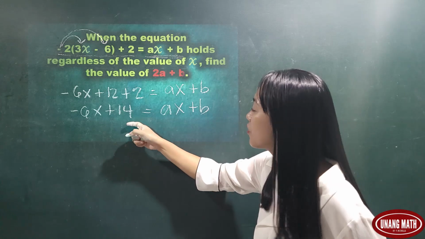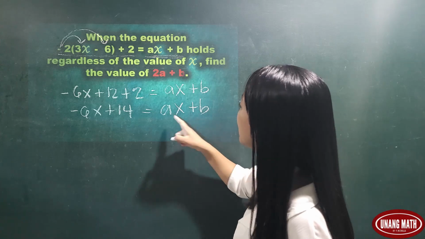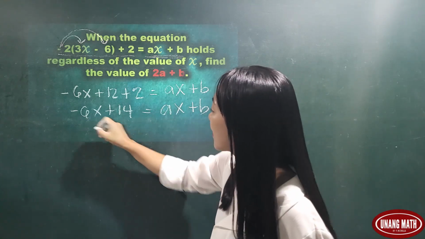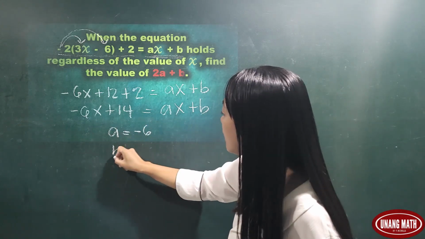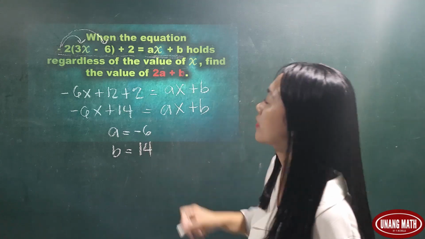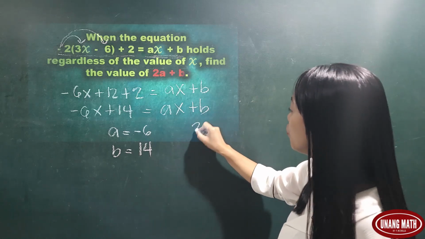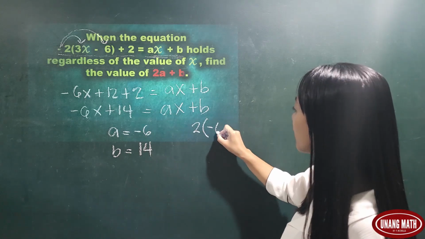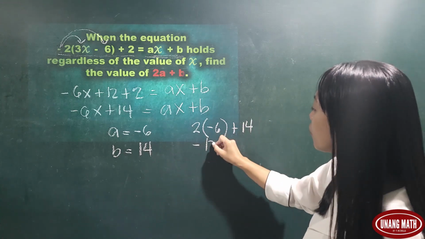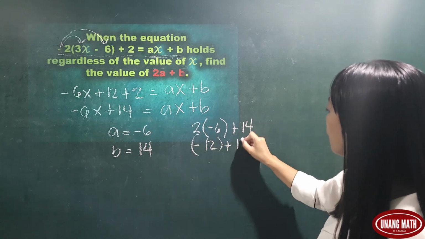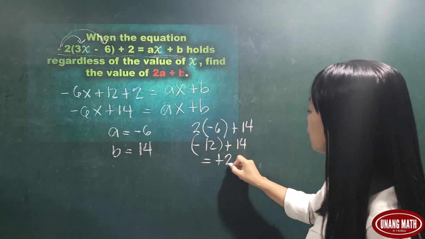Again, this expression is equal to this expression. So that means a here is negative 6, and b is 14, or positive 14. So we will find the value of 2a plus b. 2 times a, which is negative 6, plus b, 14. So this is negative 12 plus 14. So our final answer is positive 2.